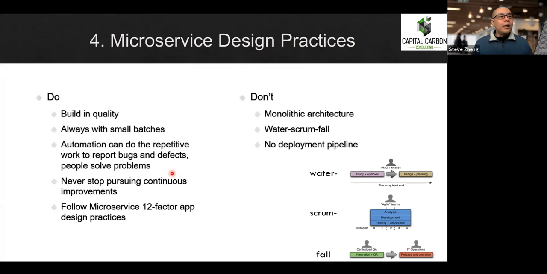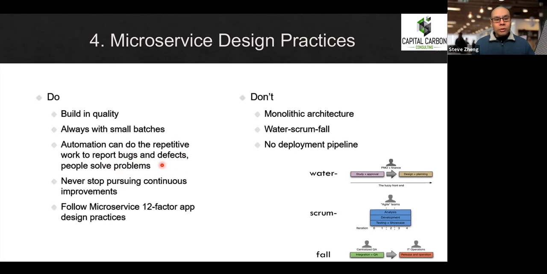The third one, automation can do the repetitive work to report bugs and defects. People solve problems. So what does this mean? It means people will contribute their brain to solve the problem.